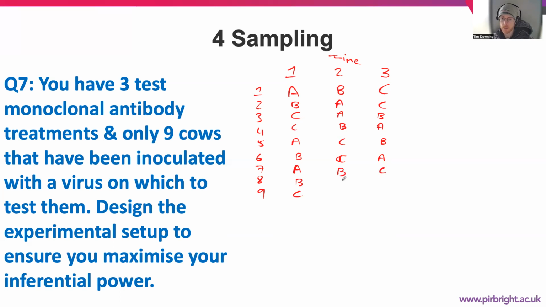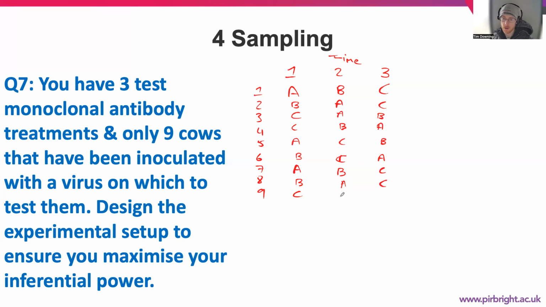And then B, we got B, C already. So let's try B, A, C. And then we got C. We have two choices here, but either of these, we're going to miss one out.